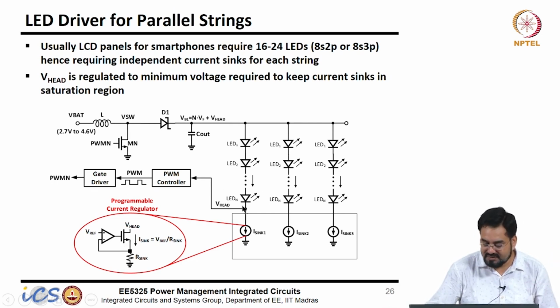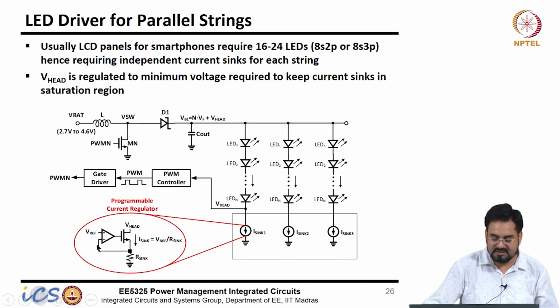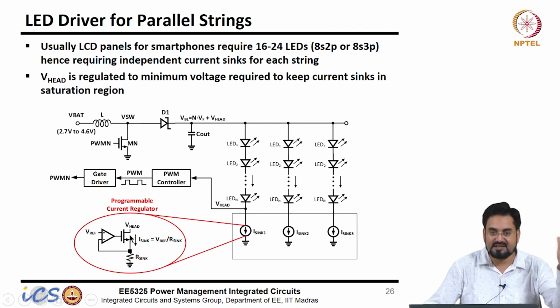So, that is why we take the feedback from here, depending upon the minimum voltage which is required to keep this current regulated. It will only boost up to that voltage, so it automatically takes care. So let's say this Vref is 100 millivolt, and the extra VDS voltage required by this MOSFET is let's say 400 millivolt.